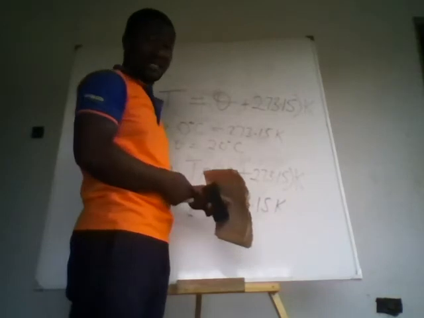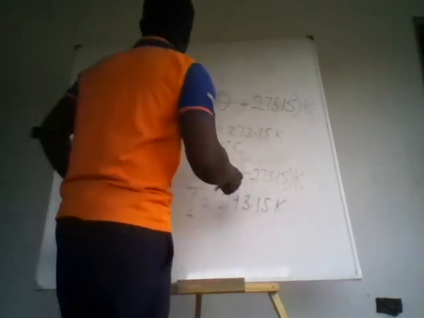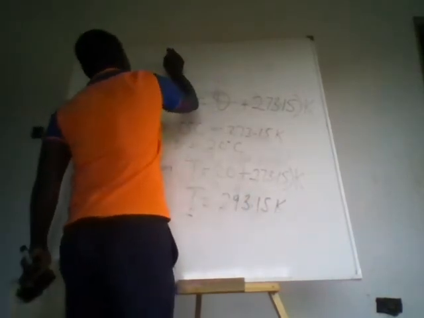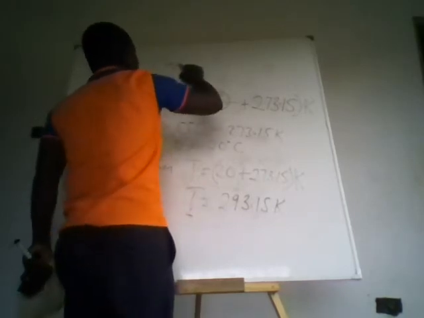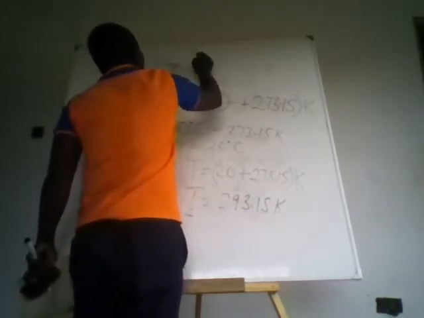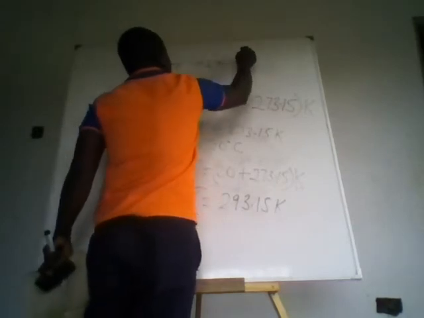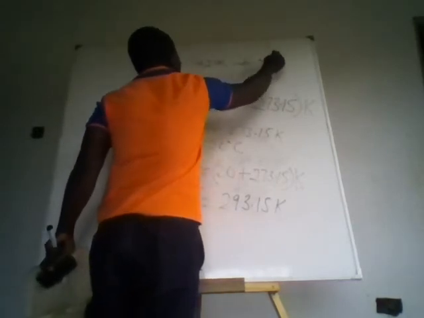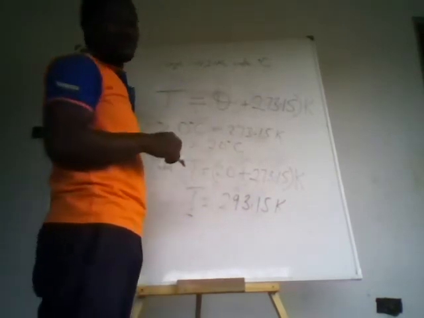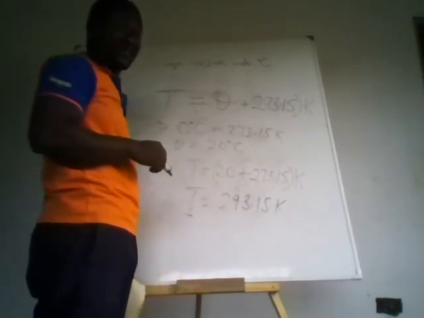So let me give you one example and then you try that. Change 421 K into degrees Celsius. Wow, very simple, isn't it?